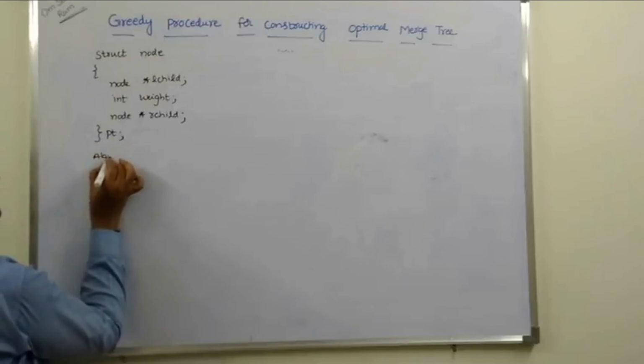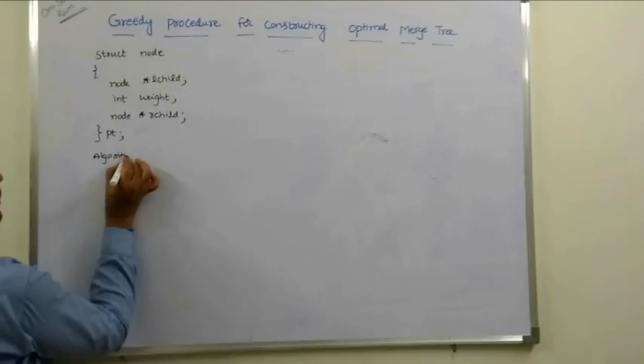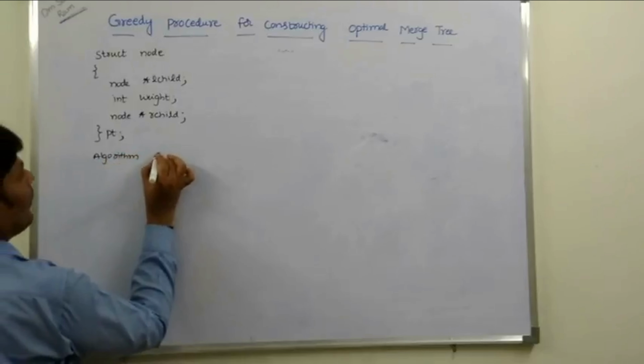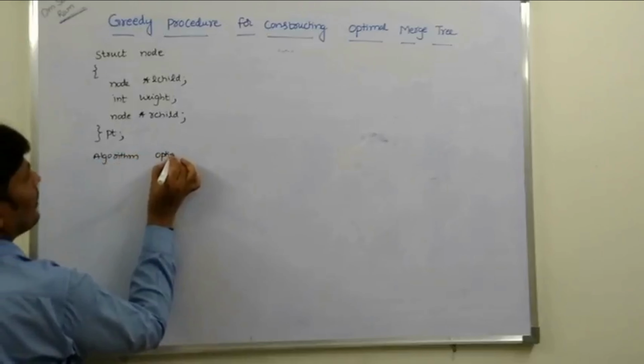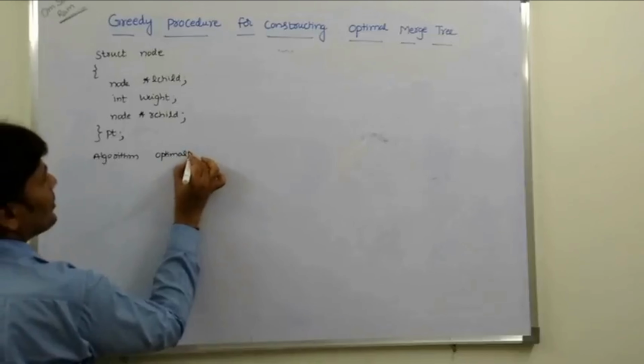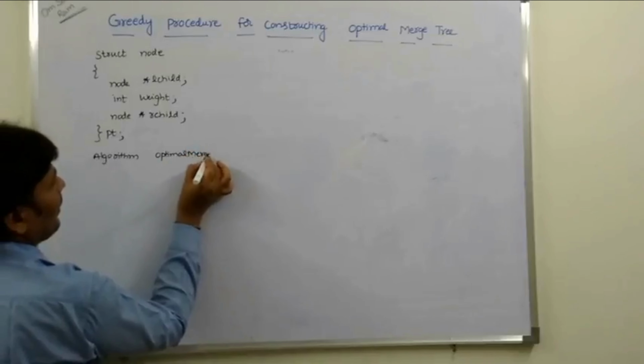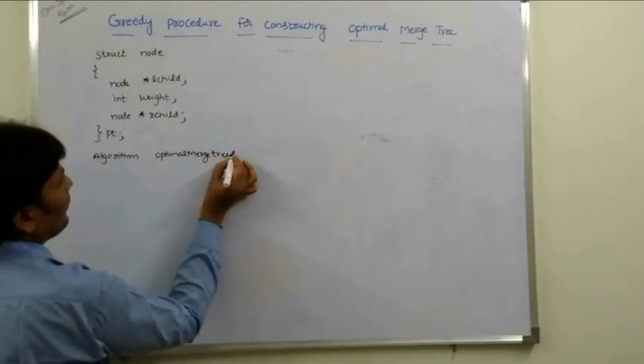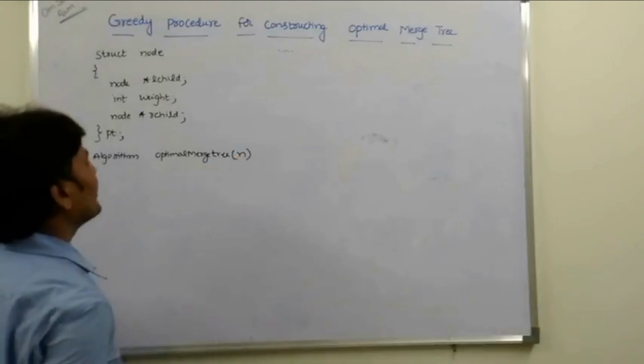So algorithm optimal merge tree with n number of nodes.